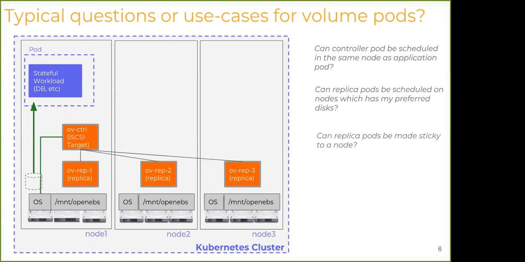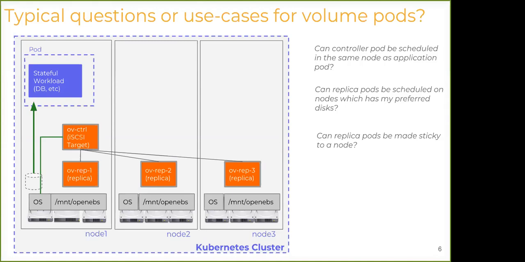And finally, one of the questions, a very important requirement, is: can these replica pods be made sticky to a node? We all know that in a Kubernetes environment, pods get scheduled, evicted, and rescheduled based on the scenario, based on the disruptions and partitions that might happen in the cluster, right?